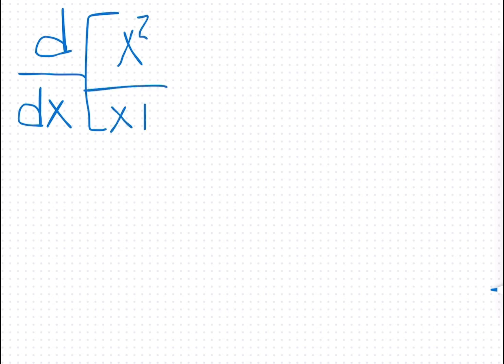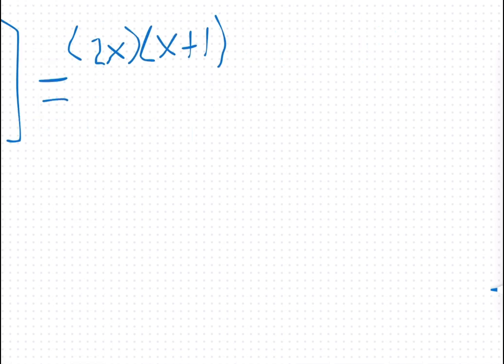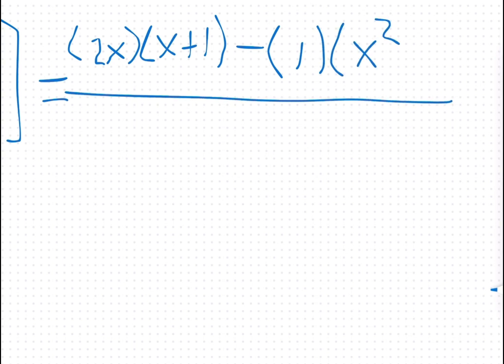The derivative of x squared over x plus 1 is equal to 2x times x plus 1 minus 1 times x squared, over x plus 1 squared.